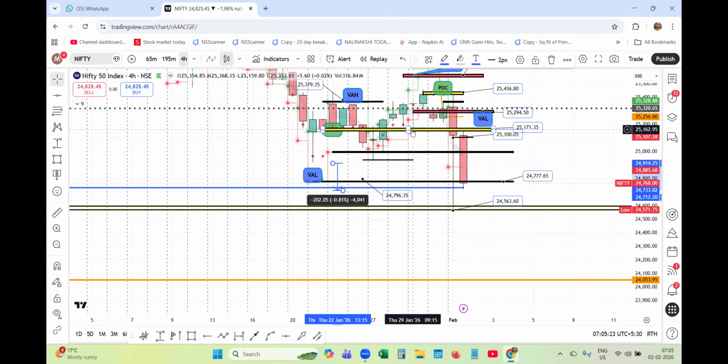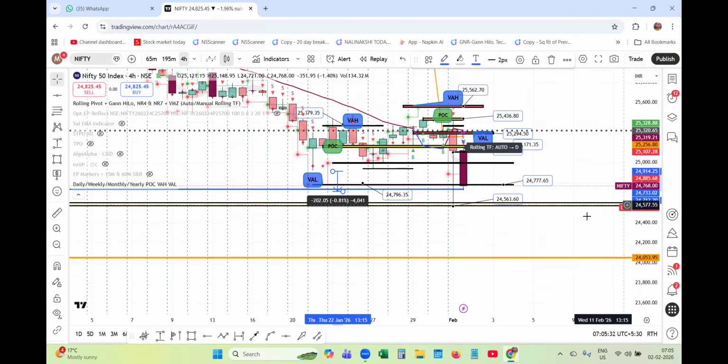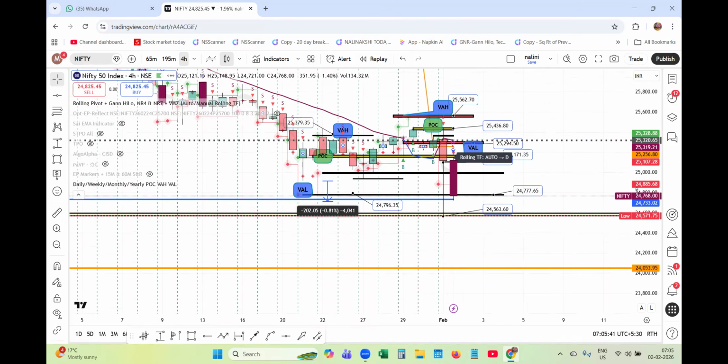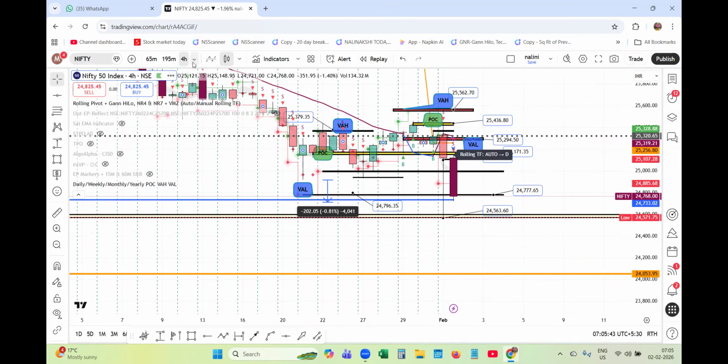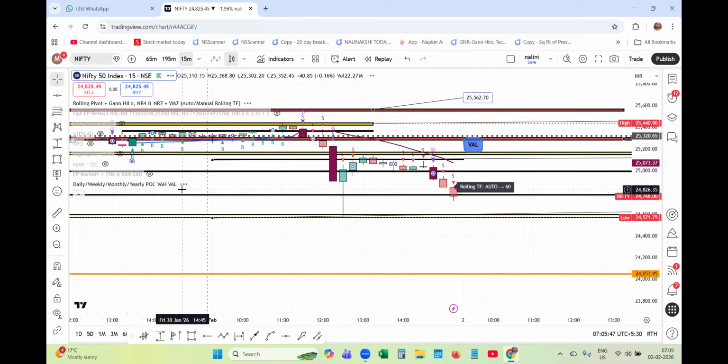This is the market memory POC, and I'm going to enable the rolling pivot. The rolling pivot is showing a horizontal move, which means it is going sideways. It is a big, huge red candle. Let me change to the intraday time frame from 4 hour to 15 minutes.